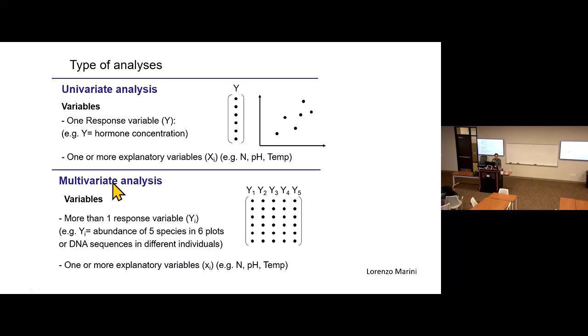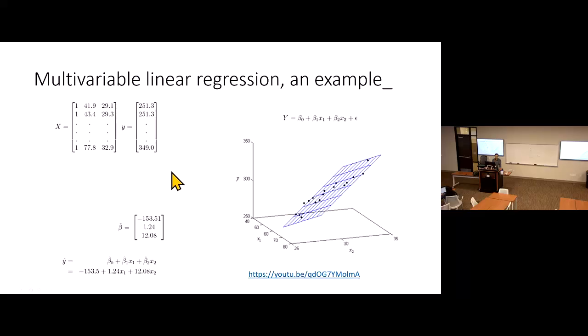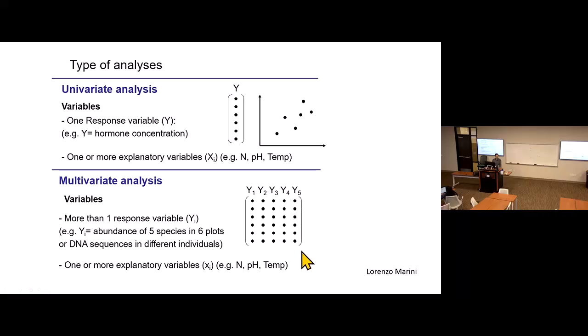We are not going to cover this any further, but I just mention that multivariate is very different from multivariable, because multivariate will have multiple outputs. The input may be the same as in multivariable, multiple variable regression. But if your output is not a single y, like the price of the car, but you have more than one column of output, this becomes a multivariate analysis.